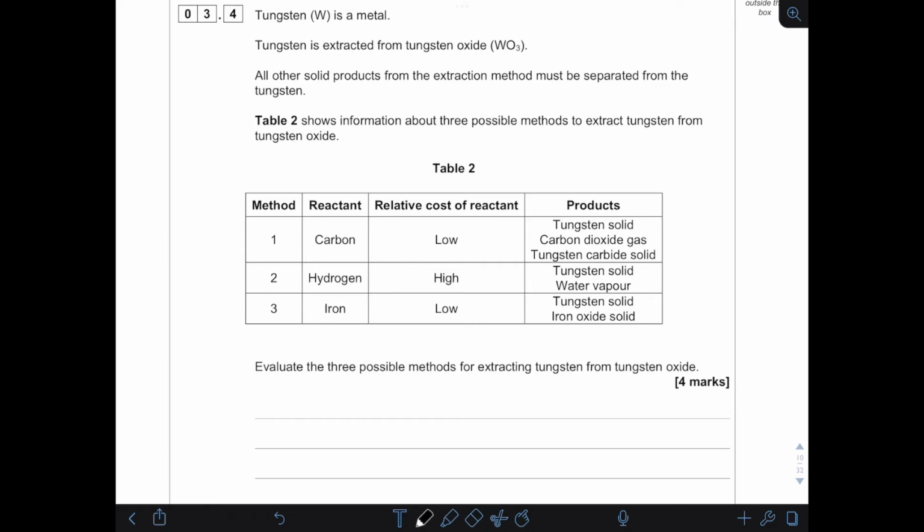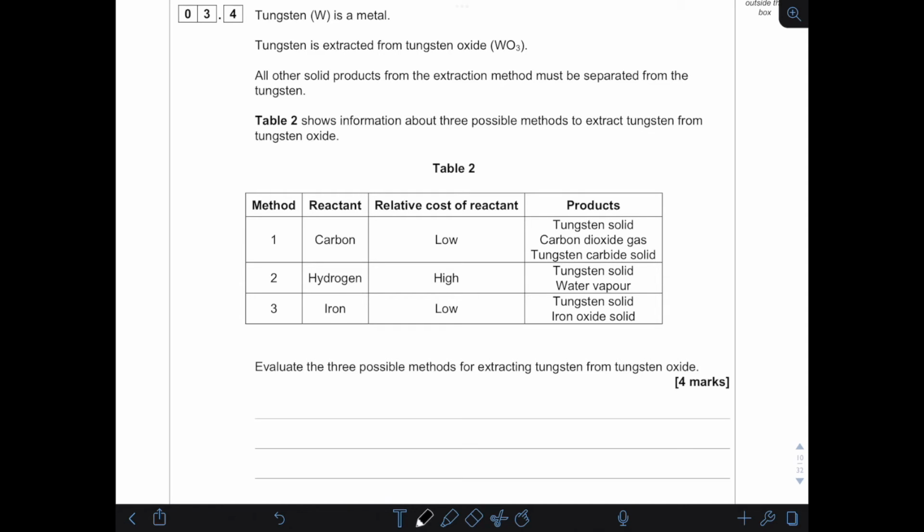Tungsten carbide is actually a really useful material, but it's also really brittle. Second method is use hydrogen, and it costs quite a lot. I think you need some expensive catalyst or something, but that gives you tungsten metal and water vapor only, which is very clean.